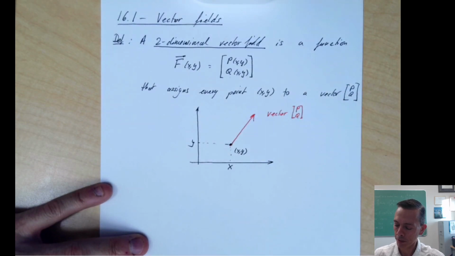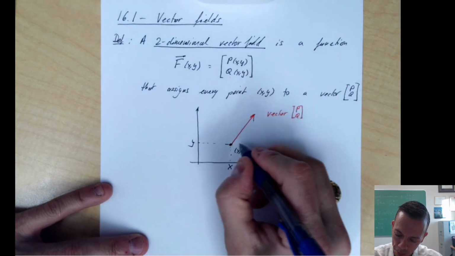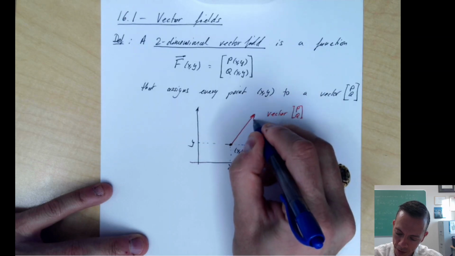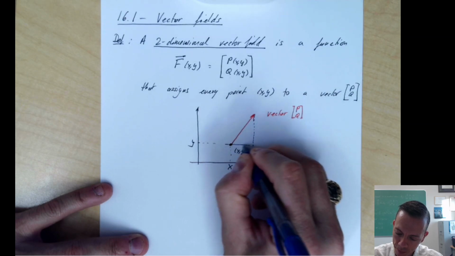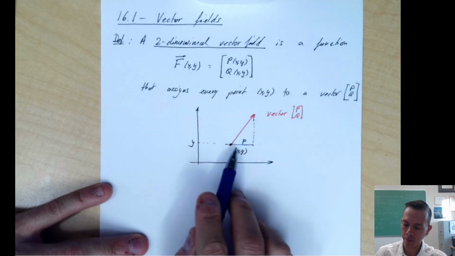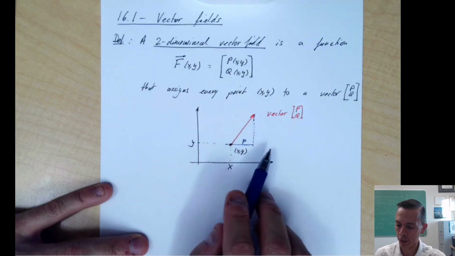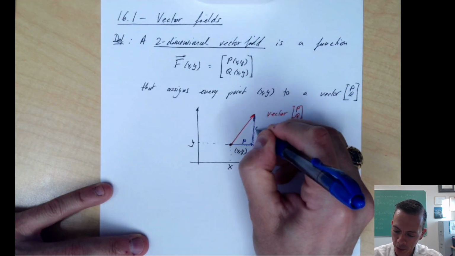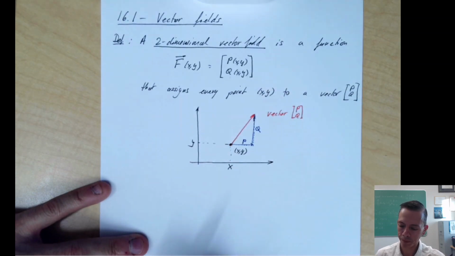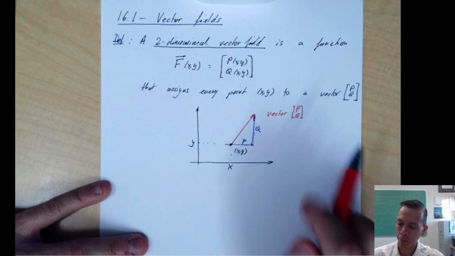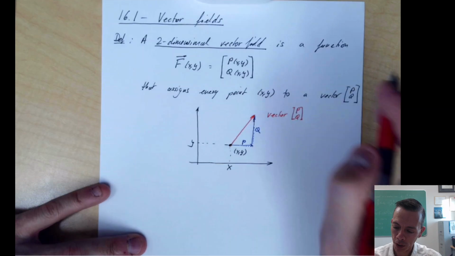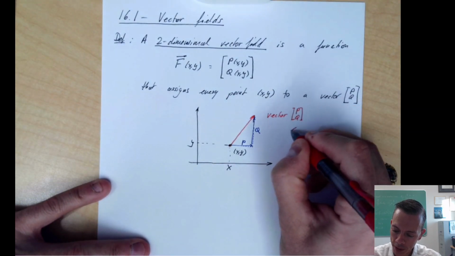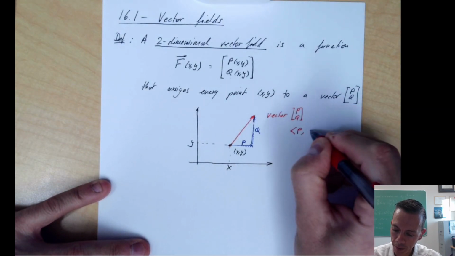And the components of this vector are p and q, where p is the projection in the x direction, and q is the projection in the y direction. So I'm writing pq as a column vector. You can also write pq as a vector in brackets.